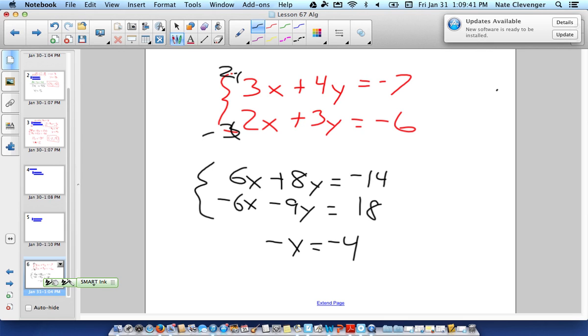No, it's positive, y is 4. Wasn't it negative 4 on the other one? Oh, positive 4 because the 18 is a bigger number. Then you take that and plug that in, and you should get a positive 3.